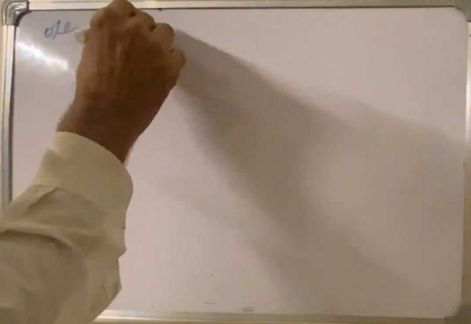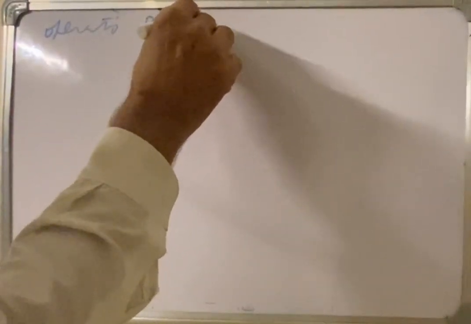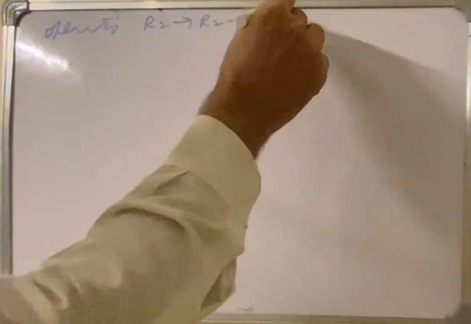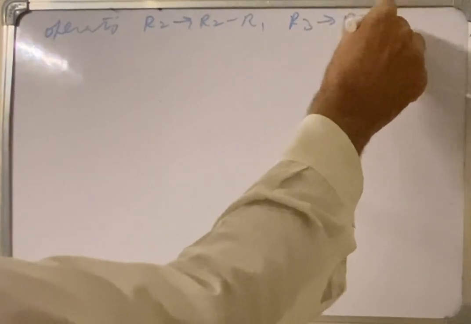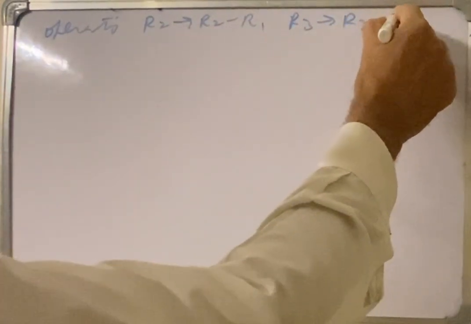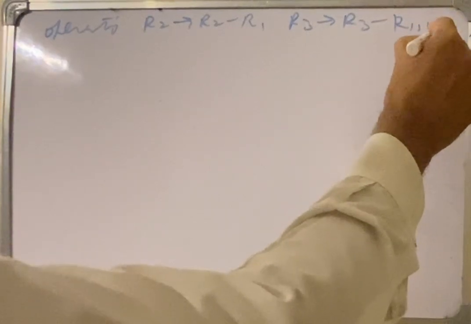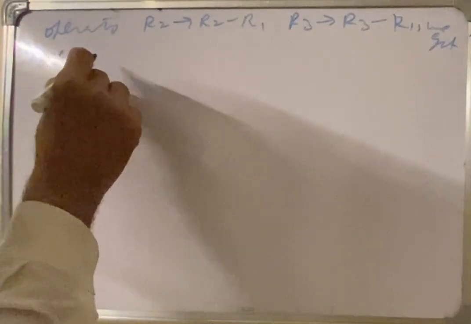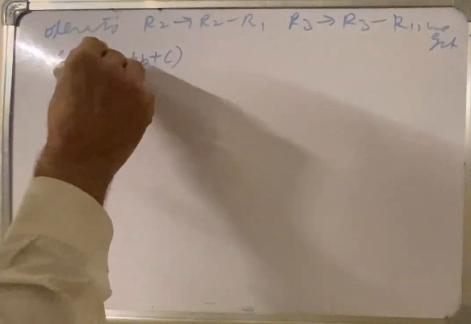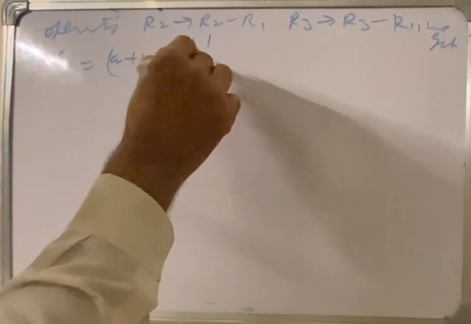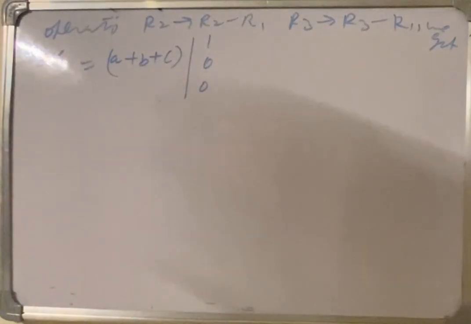Operating on R2 is equal to R2 minus R1, R3 is equal to R3 minus R1. We get left hand side A plus B plus C, determinant first column is 1, 0, 0.